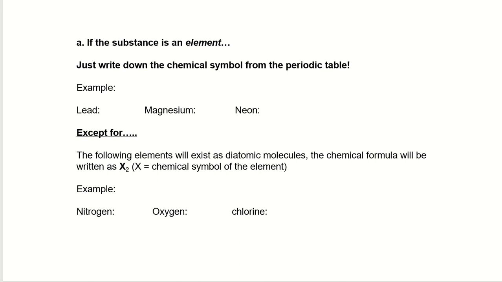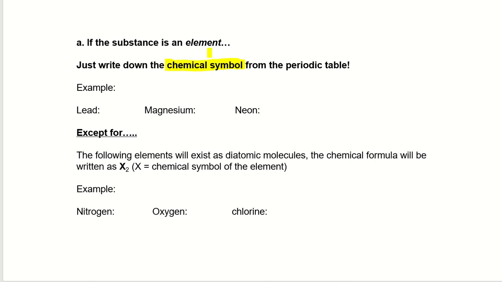Now, we are going to take a look at how to write the chemical formula if a substance is an element. Your first column. So, how do we write the chemical formula of a substance if it is an element? If a substance is an element, it is very simple. The chemical formula is basically just the chemical symbol.